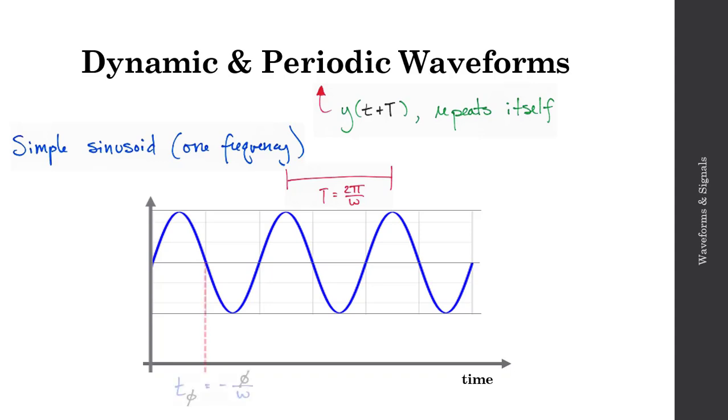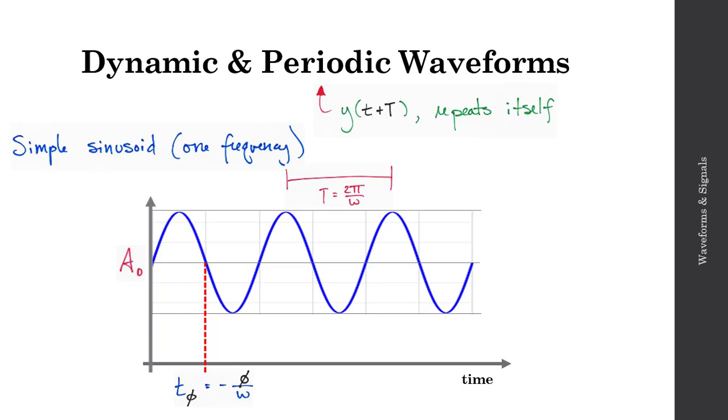We also have a phase of the sinusoid phi, and the time at which my signal crosses the 0 axis, let's say, will be t of phi equals minus phi over omega. For this signal, I also have a DC offset, A0. And we'll talk more about DC offsets shortly, but I've effectively shifted the entire sinusoidal signal off of the 0 axis.